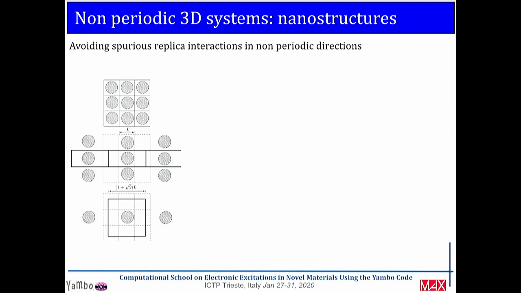Unfortunately, the convergence with respect to the vacuum is very slow, and the scaling of the computational cost, putting more and more vacuum, is very bad. So here is just a representation. This is a bulk in 2D, this is a wire 1D, this is an isolated molecule, where I repeat also here the bulk, the supercell sites.